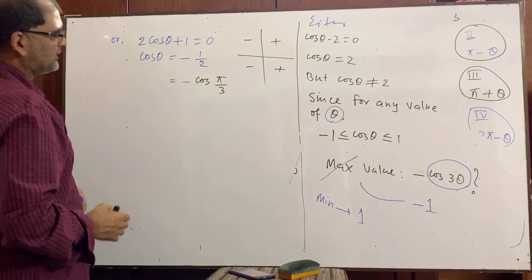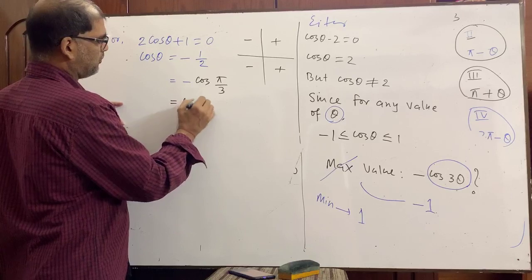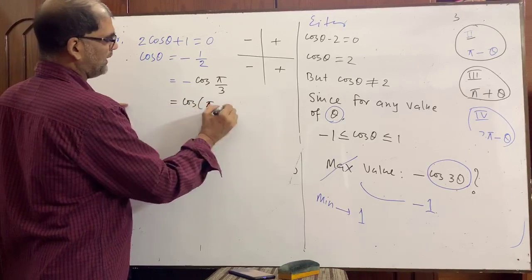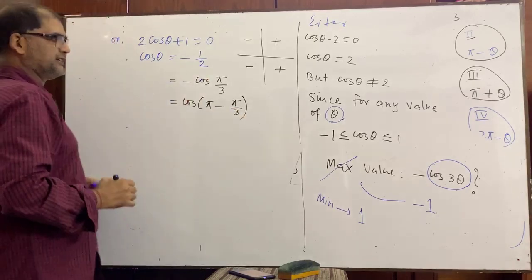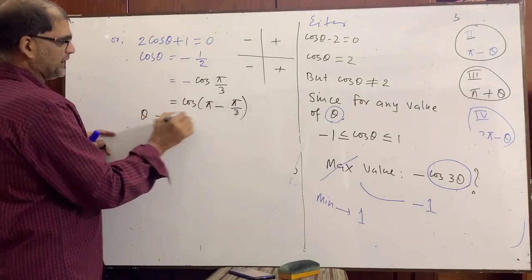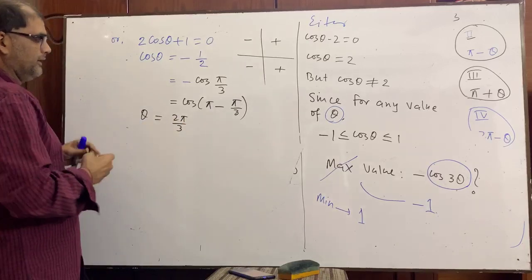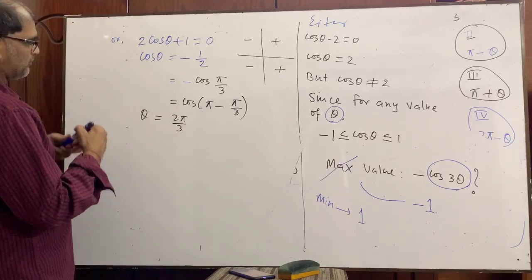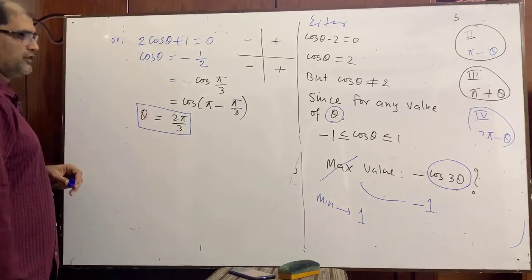So second quadrant, what is the formula? Pi minus theta. So theta can be written 2 pi by 3.